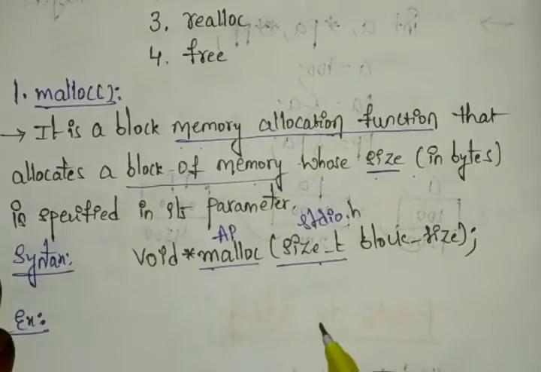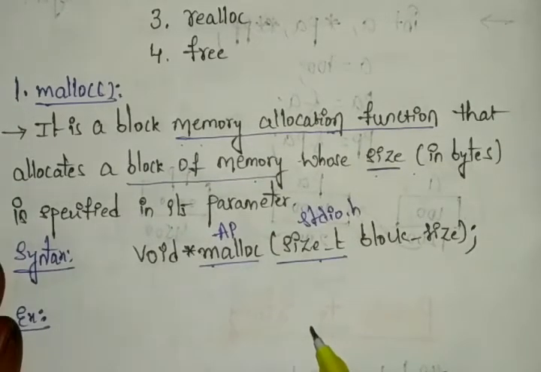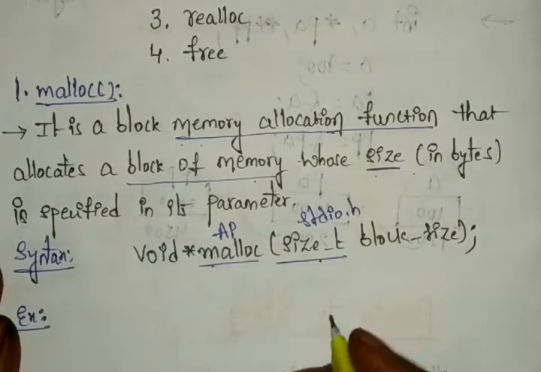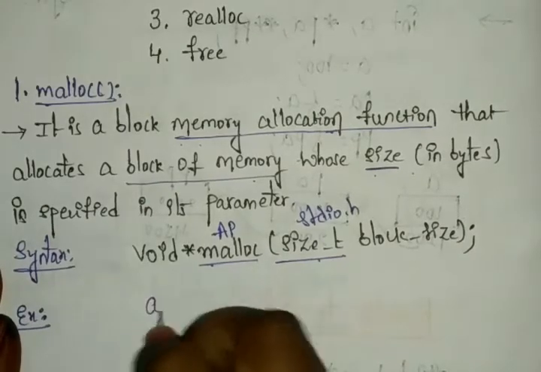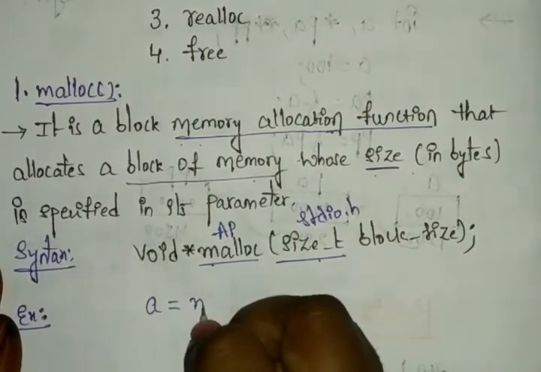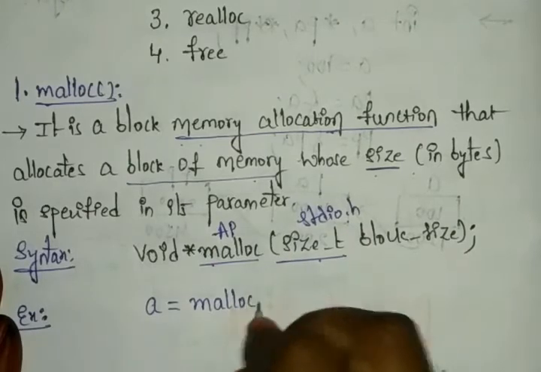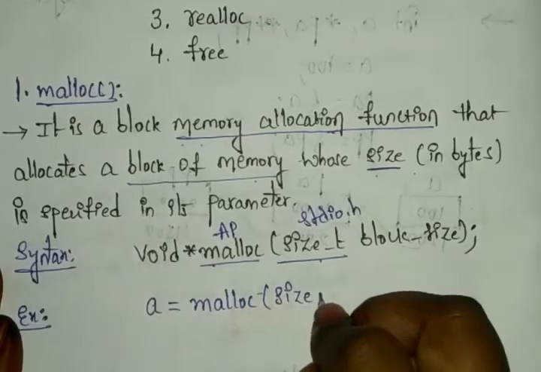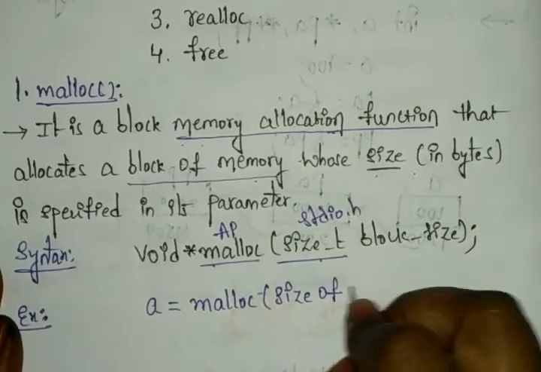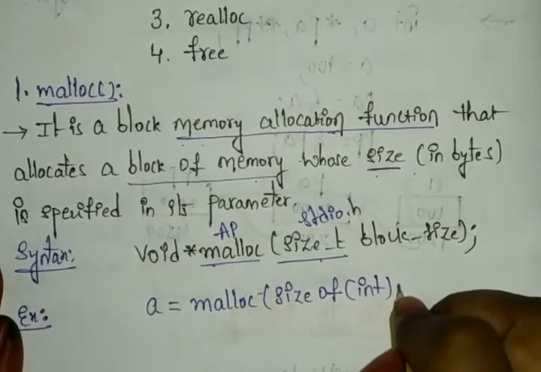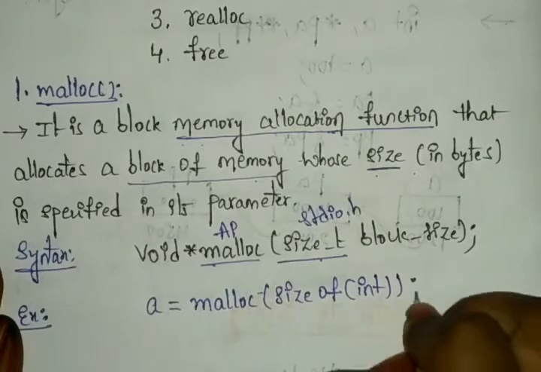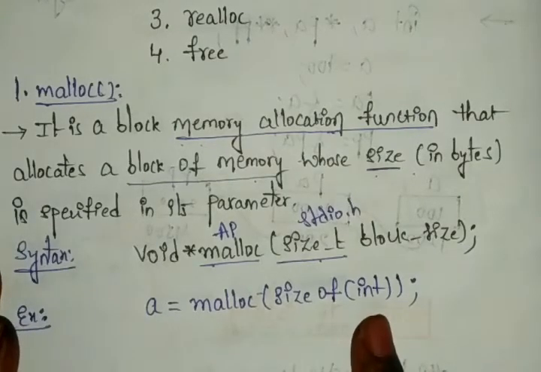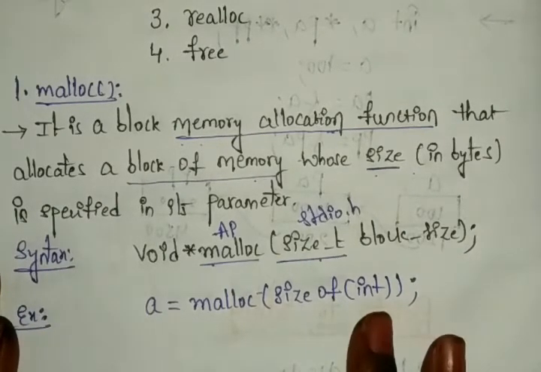Okay, let's say here we have one example with the sizeof operator. We can define this one, right? a = malloc(sizeof(int)). Here I am using the sizeof operator and then the int data type, which occupies 2 bytes of memory.